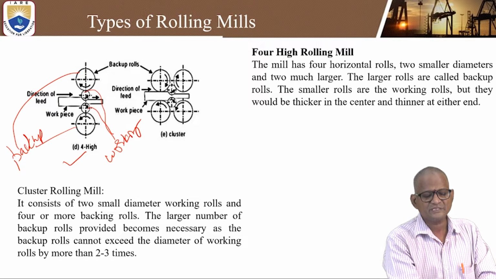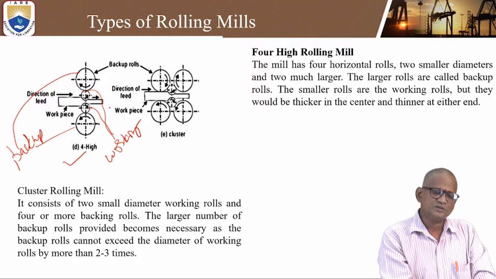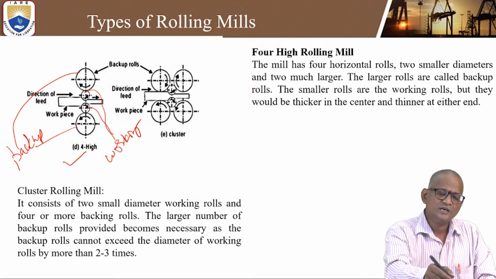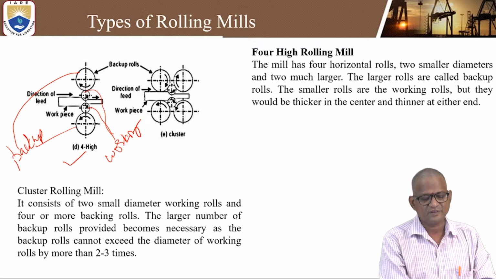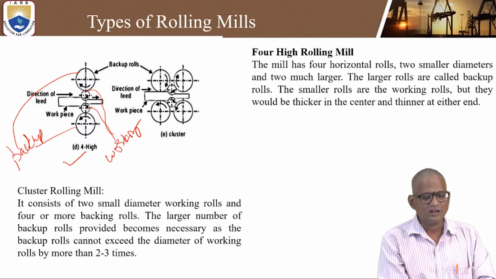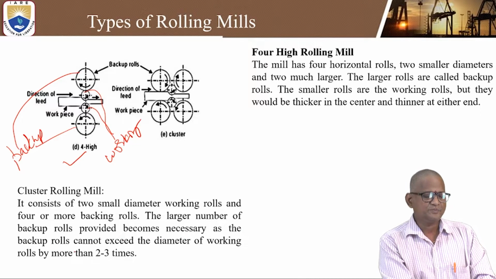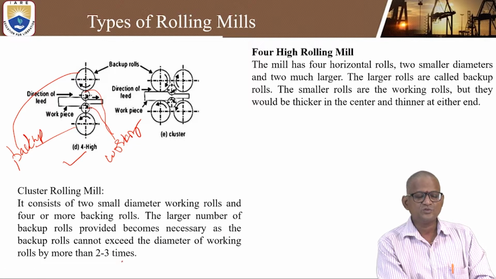The workpiece is kept in between the small working rolls, and whenever the small working rolls cannot reduce the thickness properly, you can apply some backup rolls in order to reduce the thickness effectively. And the large backup rolls are provided because necessary, and the backup roll diameter cannot exceed the diameter of the working rolls by more than 2 to 3 times.